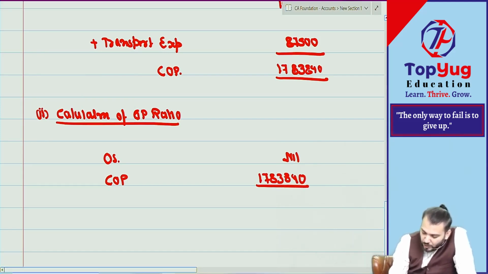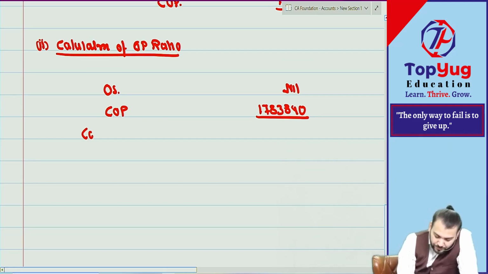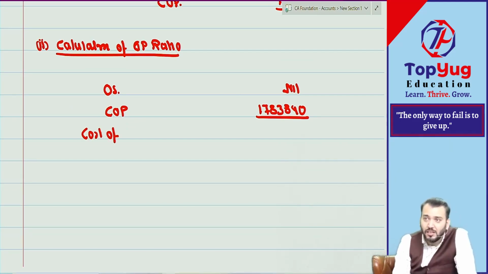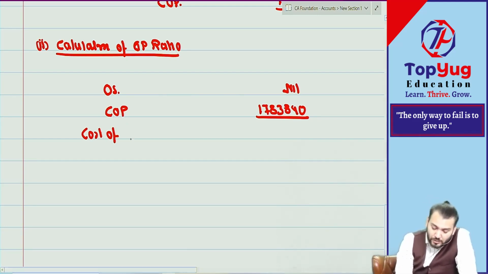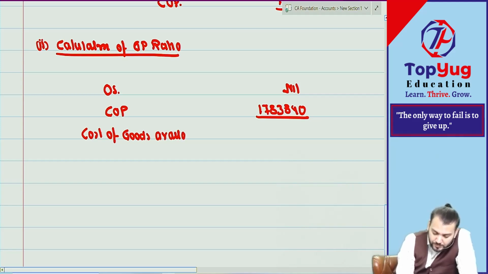So this becomes cost of goods available for sale. It might be that in your exam they have given opening stock, and therefore I am informing that opening stock will be added. Correct? So cost of goods available for sale: 17 lakh 83,840.